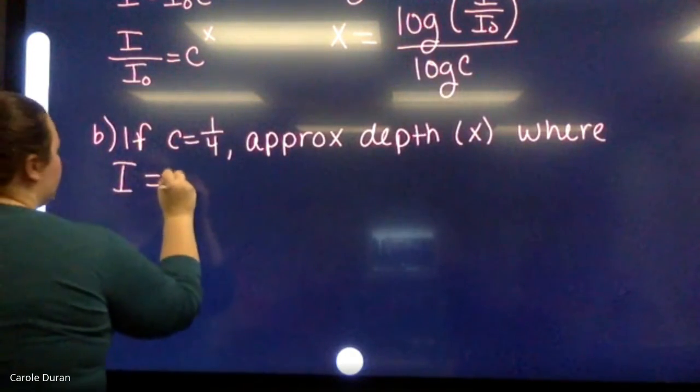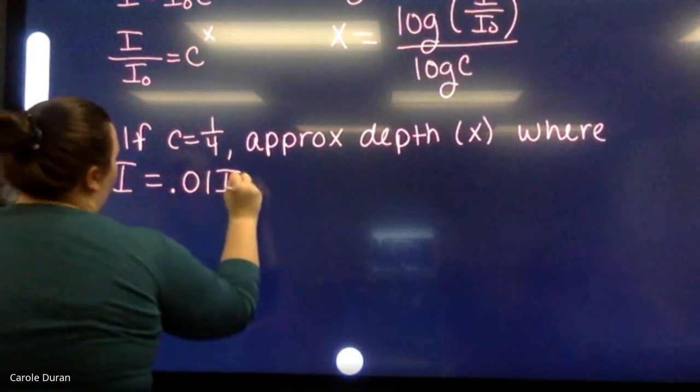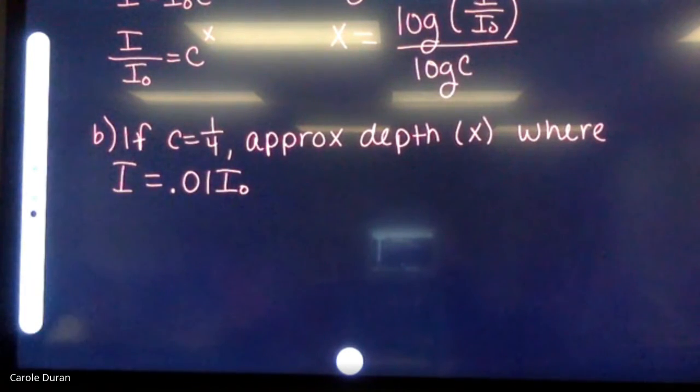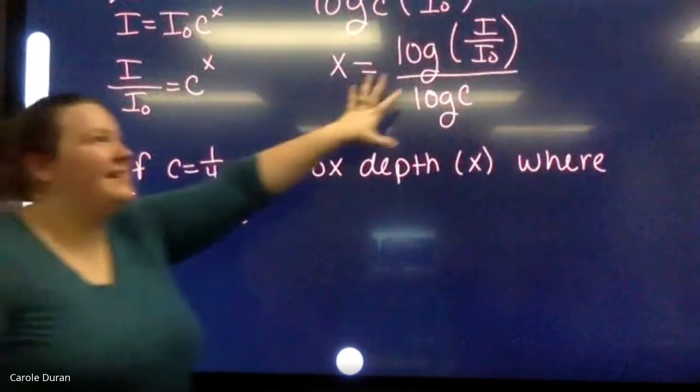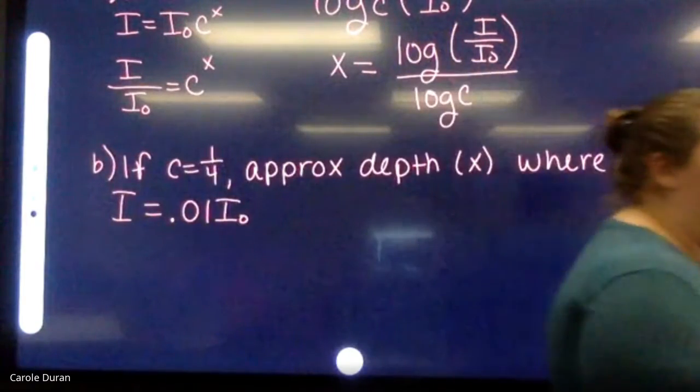Where I equals 0.01 I naught. Good one. Okay. So the good news is we've already done all the hard work. We can just take this information now and plug it into this equation that we found in part A.